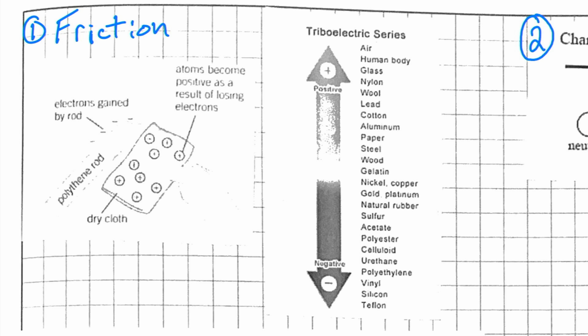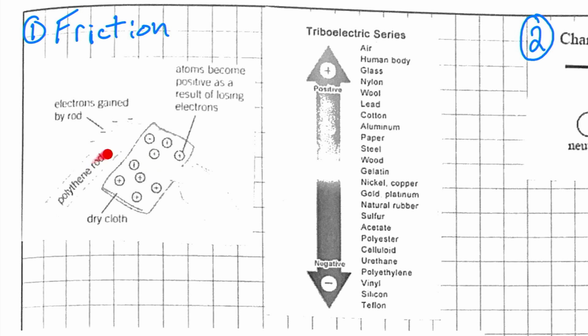The rod pulls electrons off of the cloth, meaning the rod will have a negative charge afterwards, and the cloth, there's still electrons left on the cloth. The rod does not take all of them, but the cloth now has more positives than negatives, so its net charge is positive. And the rod has more negatives than positives, so its net charge is negative.